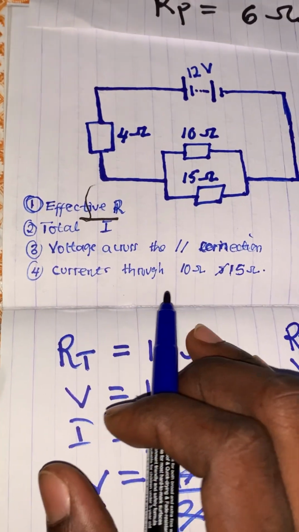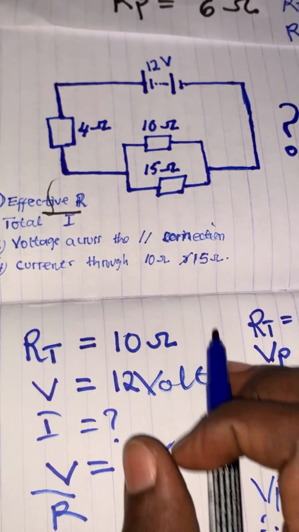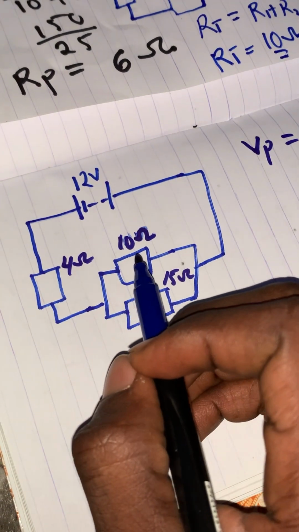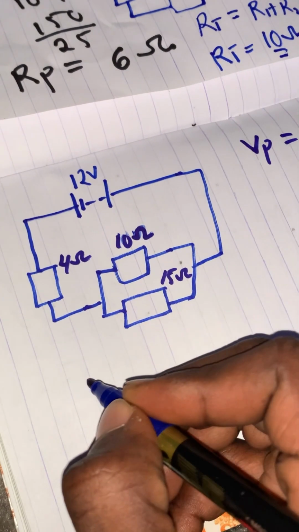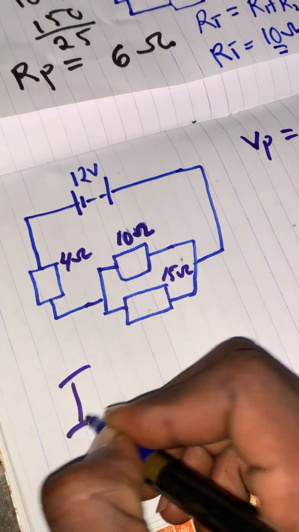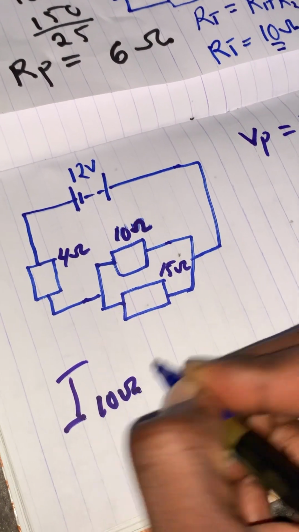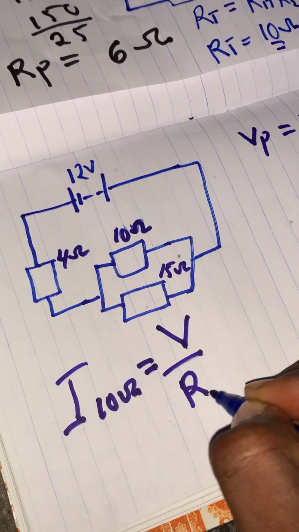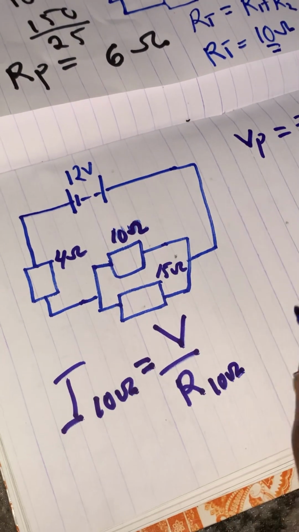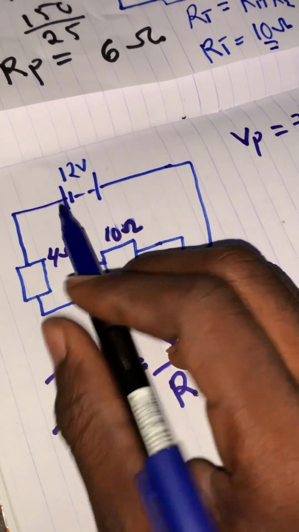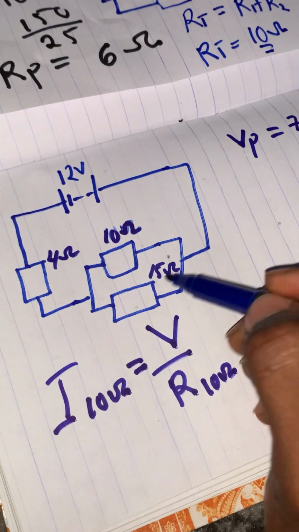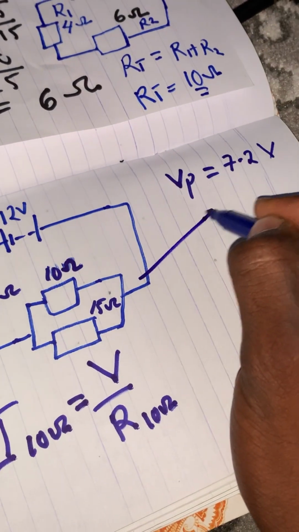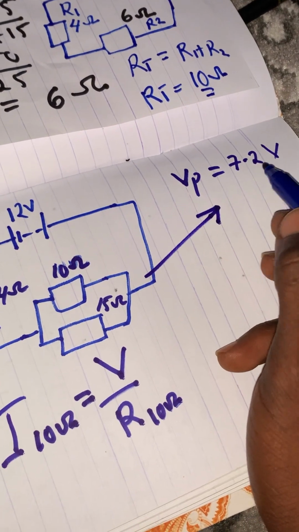It says find the current through the 10 ohm resistor and the current through the 15 ohm resistor. To obtain the current through the 10 ohm resistor, we're going to use the formula I under 10 ohm equals V divided by R under 10 ohm resistor. But now we are not going to use this voltage. We are going to use the voltage across the parallel resistors, which is this, as we obtained 7.2.